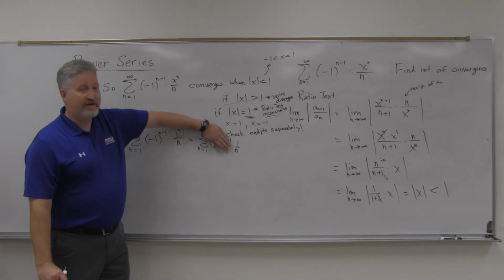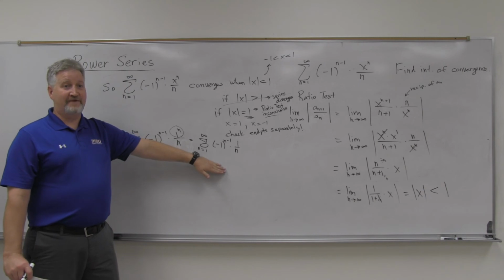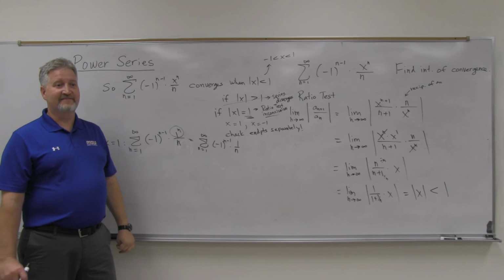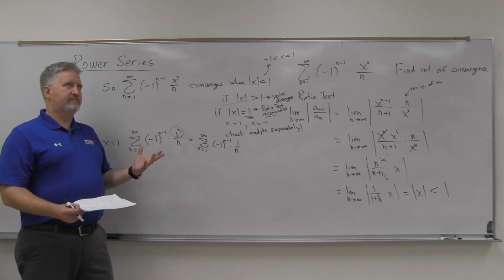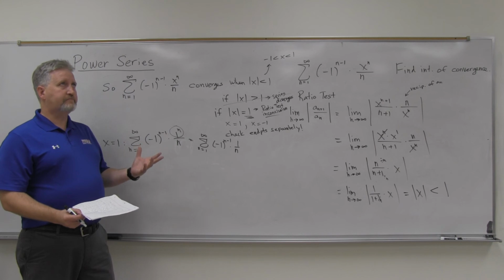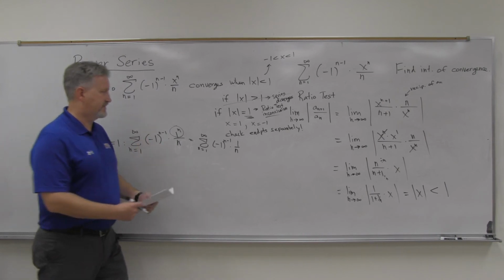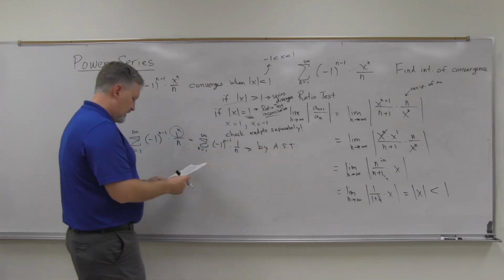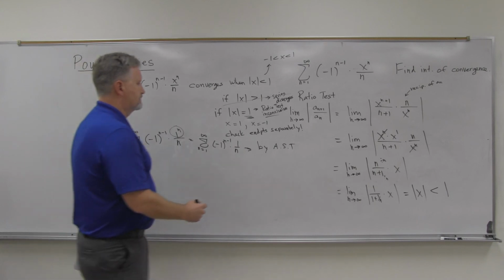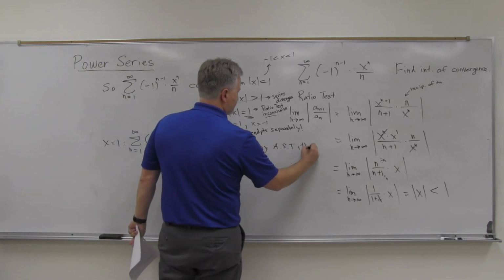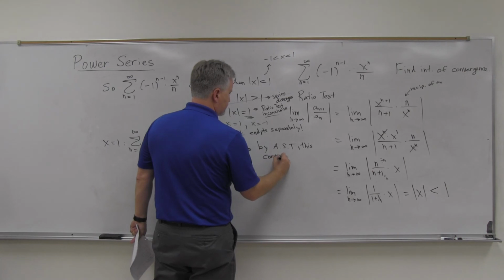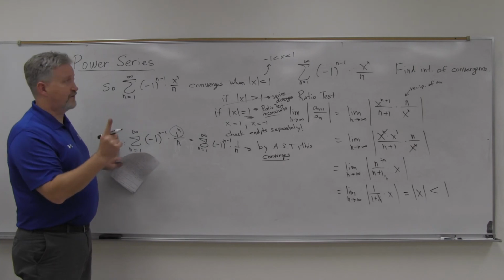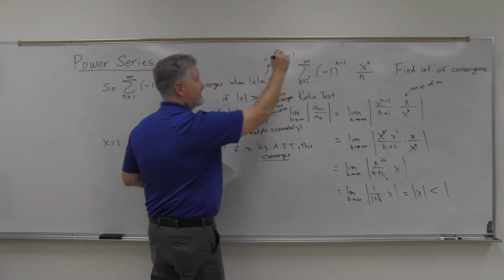Well, if it was just that, it'd be harmonic, wouldn't it? This is the alternating harmonic series. What does it do? It converges, doesn't it? The easiest way to see it would be the alternating series test. Okay, so that tells me at 1 it is convergent, so I'd have to include that in my interval.